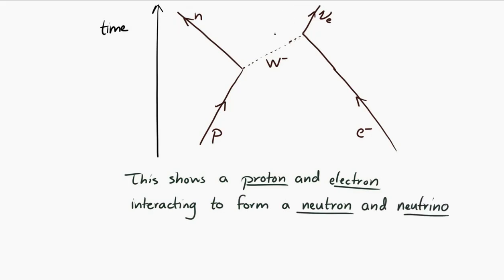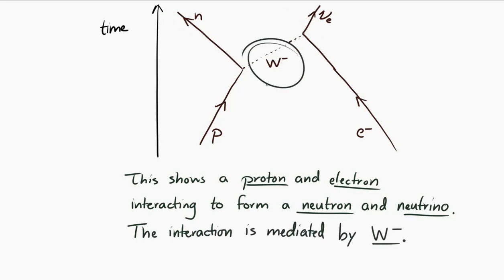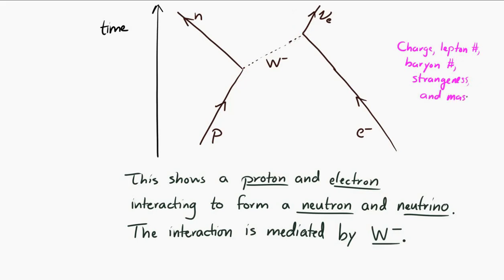And again, we would say there's a W- in there, and that W- only exists briefly. The W- mediates the interaction between the proton and electron. Also, again, at each vertex, charge, lepton number, baryon number, strangeness, and mass energy are all conserved.